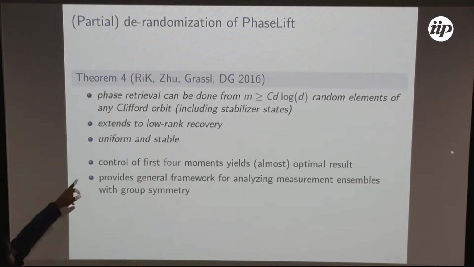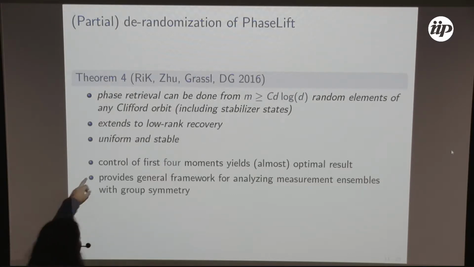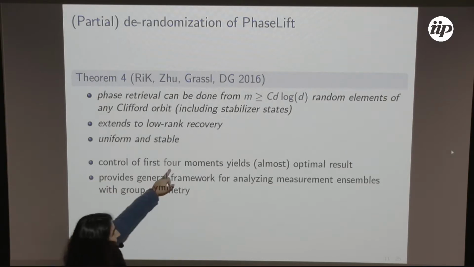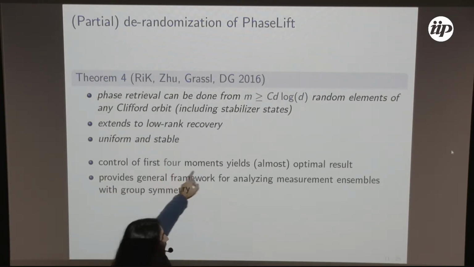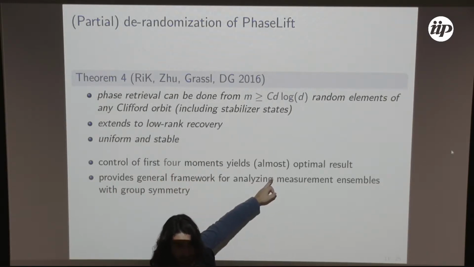The construction can also be made stable with respect to additive noise corruption, just a technicality. So if your measurements are not perfect and you have some additive noise, this is stable. This is a benefit of using convex reconstruction techniques. And again, the punchline is that control of the first 4 moments yields an almost optimal result in this case.